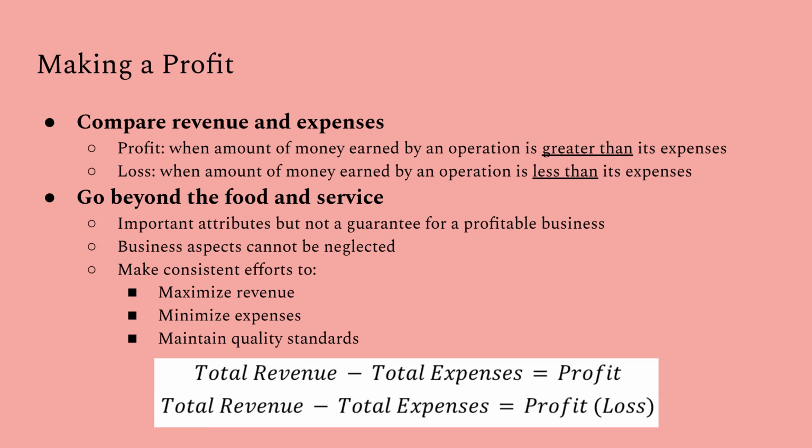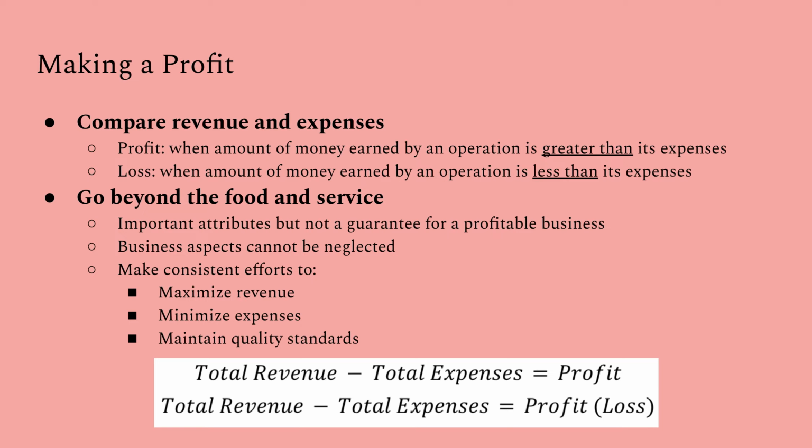What a lot of restaurants or food industry businesses will do, when they start to notice that they are no longer making a profit, is panic. They'll quickly change the quality of the services or food offered, and then that backfires because customers notice. They potentially might tell their friends, like, hey, this business has changed, and then a domino effect happens and the business will end up having fewer customers, less revenue, and just crash and burn.